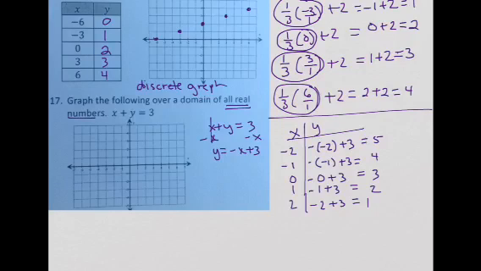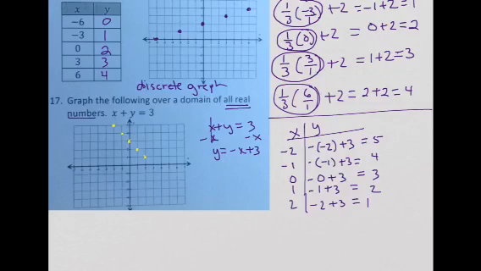So we plot those points in our graph. Negative 2 with 5, which is up here. Negative 1 with 4. 0 with 3. 1 with 2. And 2 with 1. Okay? So we continue the pattern.